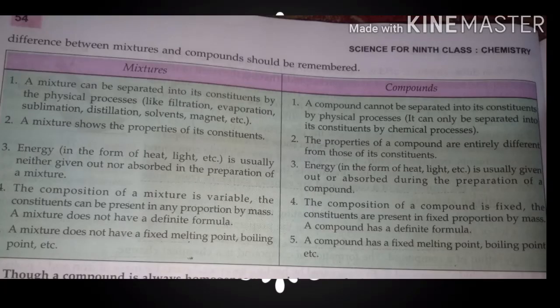Now we'll see some differences between mixtures and compounds. First, a mixture can be separated into its constituents by physical processes like filtration, evaporation, sublimation, distillation, solvent, magnet, etc., while a compound cannot be separated into its constituents by a physical process.